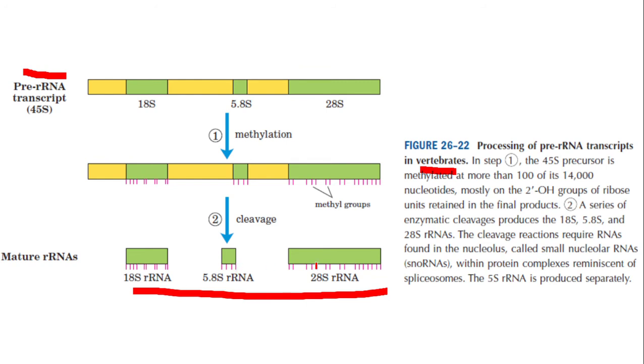They are not joined together, they are separate, because this is not splicing. Instead, the different RNA molecules are formed from the same pre-RNA transcript, which is hydrolyzed, unwanted regions are removed, and the different ribosomal RNA molecules are produced. Remember, this is not splicing.